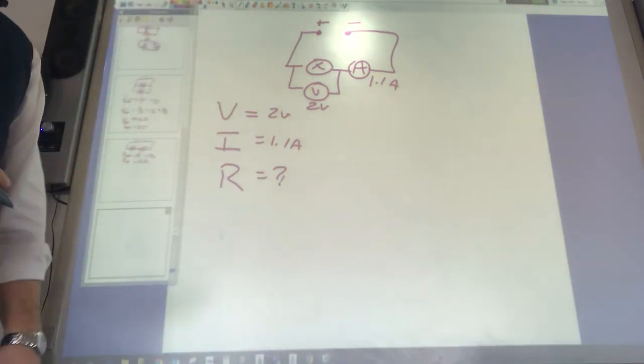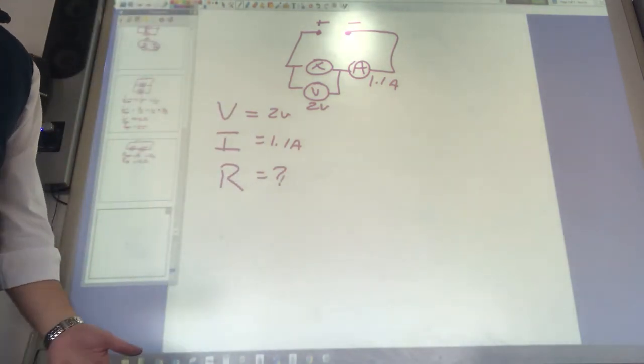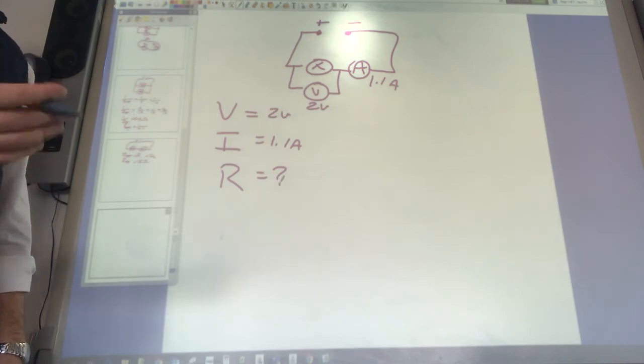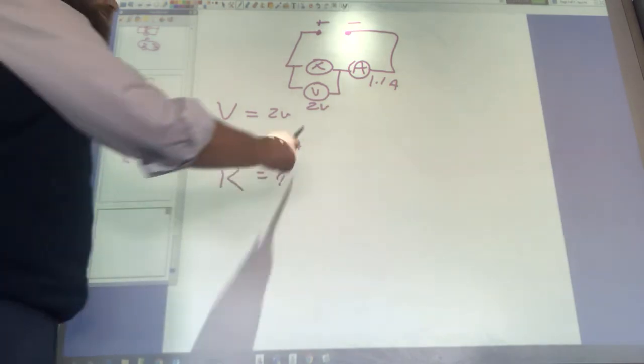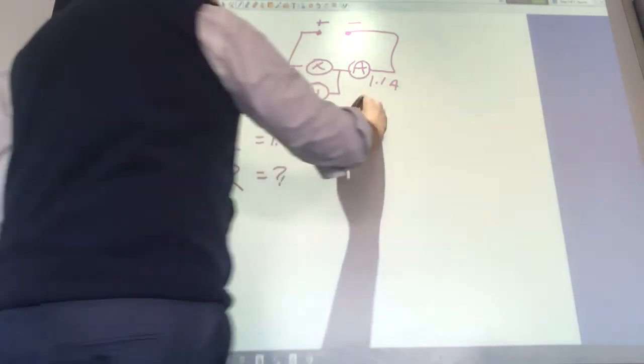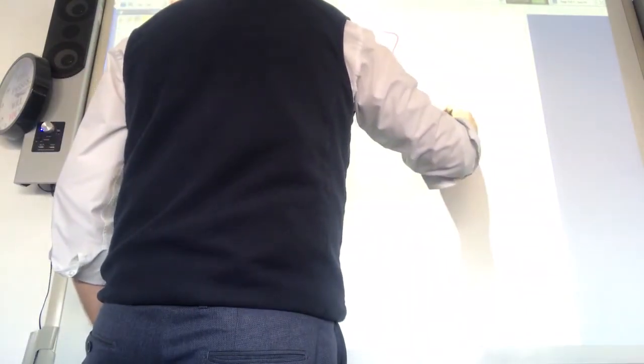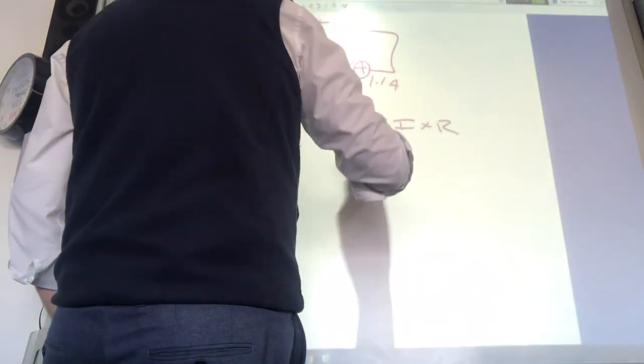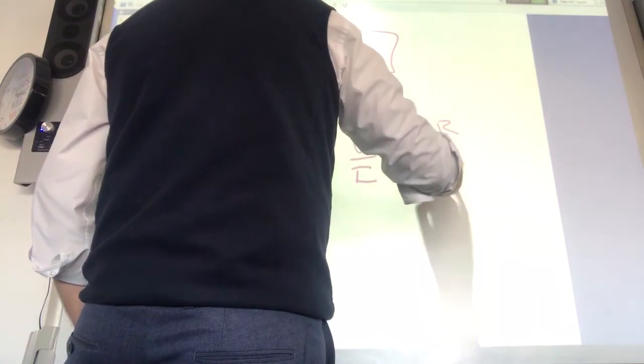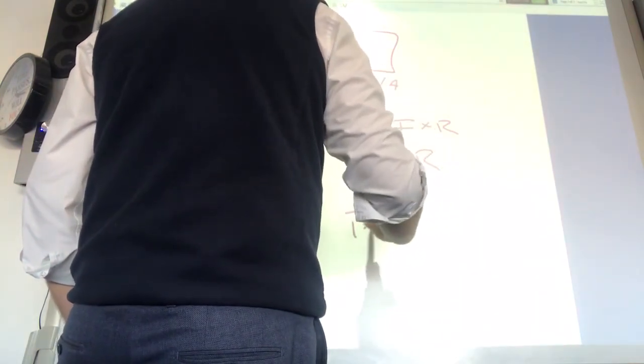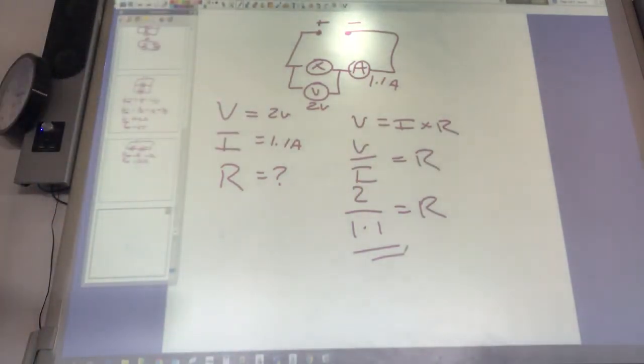You can use an ohmmeter, but I've never seen that talked about before in a guide. Usually what we do is we measure the voltage and the current and then find the resistance using Ohm's law. And we rearrange that to find resistance. So it'll be 2 over 1.1. Whatever that works out to will be your resistance.